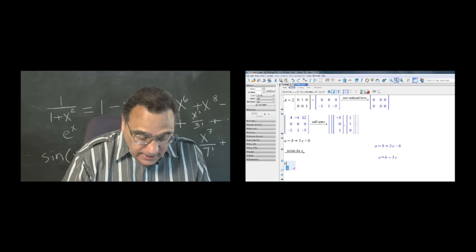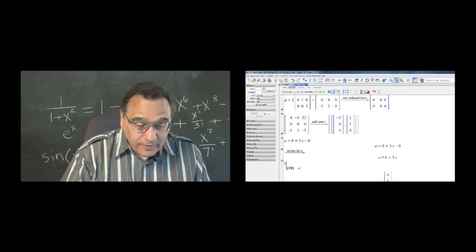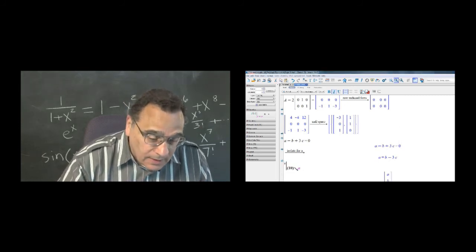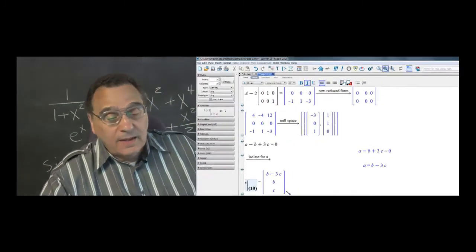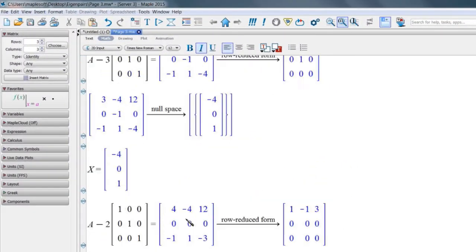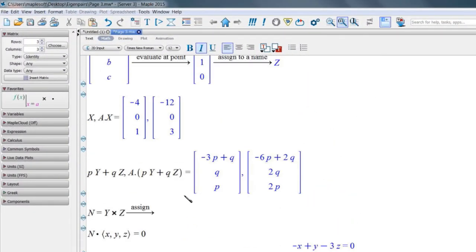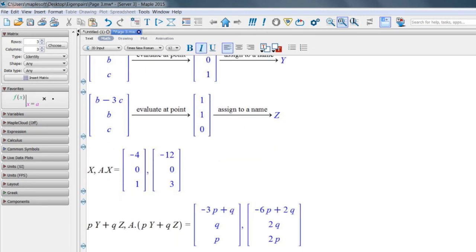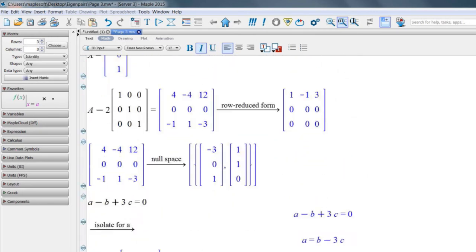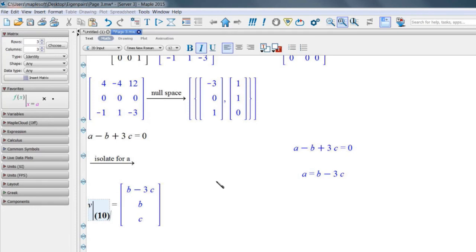I'll use Control L10 to reference. I didn't want to hit the Enter key until I took away this equals A. You get B minus 3C. Now we saw that already. We've already done that, right? That's up here. We know how to handle that. I won't go over that. We're down here. We know how to proceed from here.